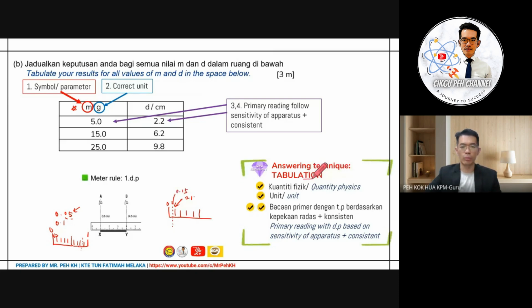You cannot give 0.18, where you assume that it is closest to the next segment already. So the second decimal place we only accept 0 or 5. But here I straight away use 1 decimal place. It'll be easier actually. So if you fulfill these 4 ticks, you will get full marks, 3 marks for this question. So in total you can get 8 marks already.